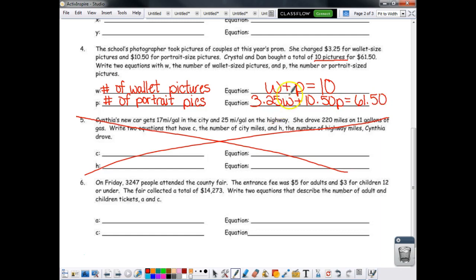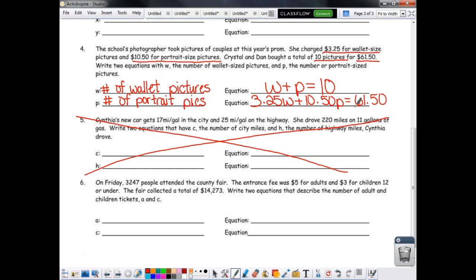So the wallet pictures cost $3.25 and the portrait size cost $10.50, and together they spent $61.50. Since we're writing equations, we can figure out how much they bought of each. That would be the solution. Does this make sense? You see how we've done this already, except we're just adding that extra equation.